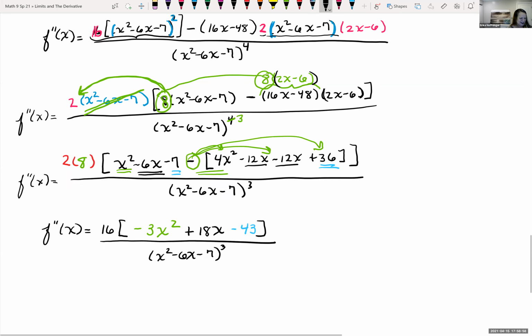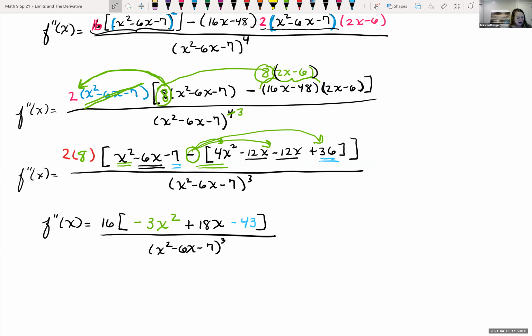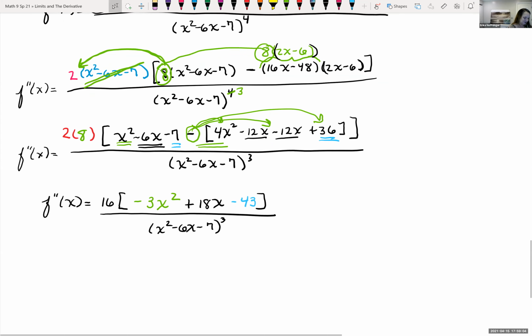Okay, you have to find out when this equals 0 and where it's undefined. So we're really only worried about when that numerator is equal to 0. Unfortunately, it doesn't look like it factors, but it could.